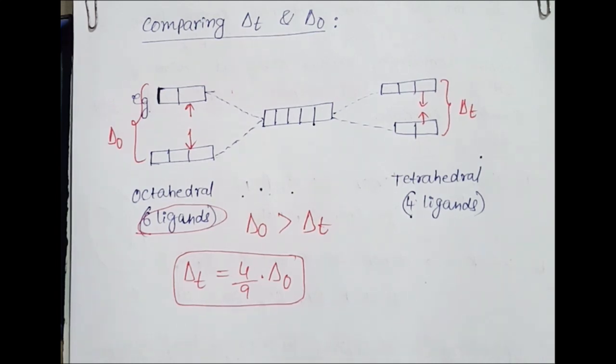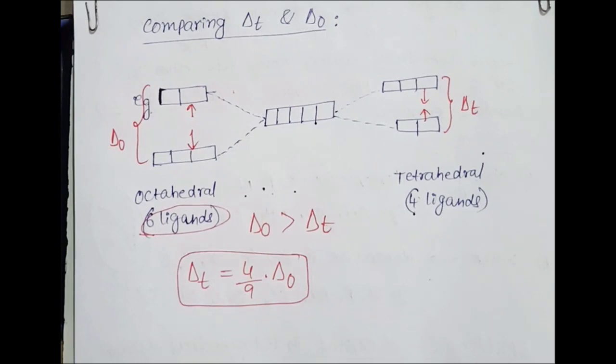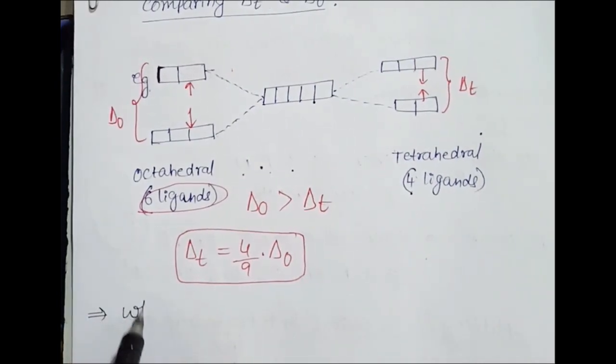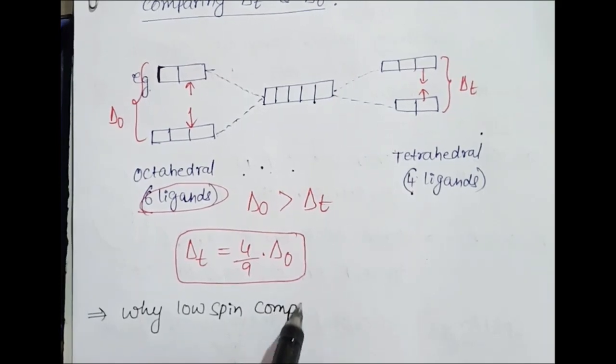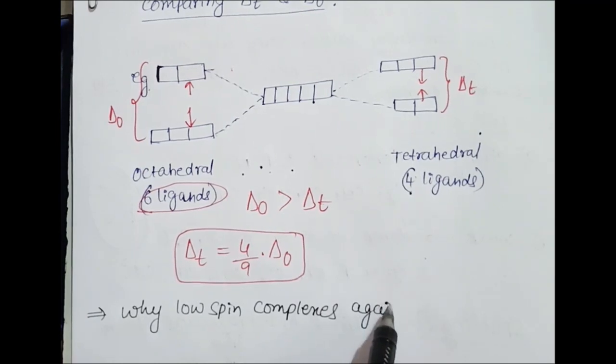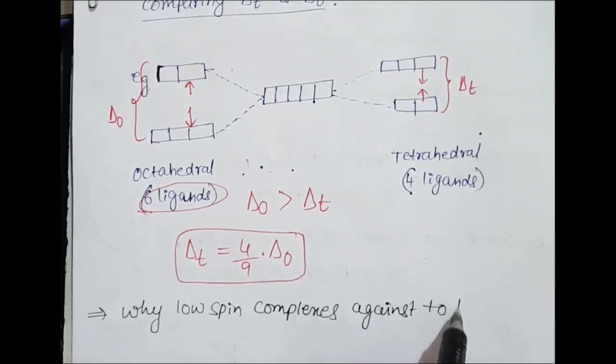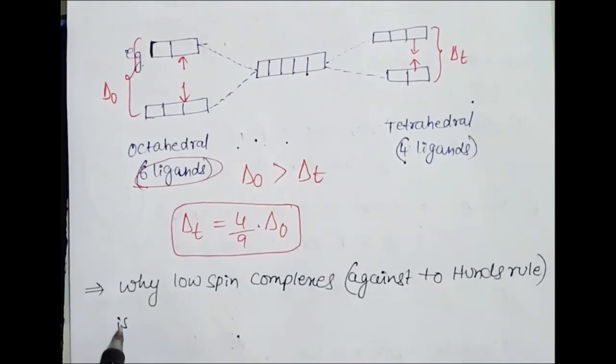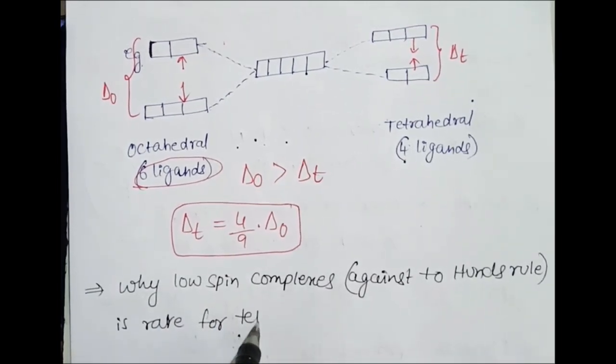Now one important question is there based on NCERT. The question is asked like this: why are low spin complexes, which means against Hund's rule, rare for tetrahedral system?